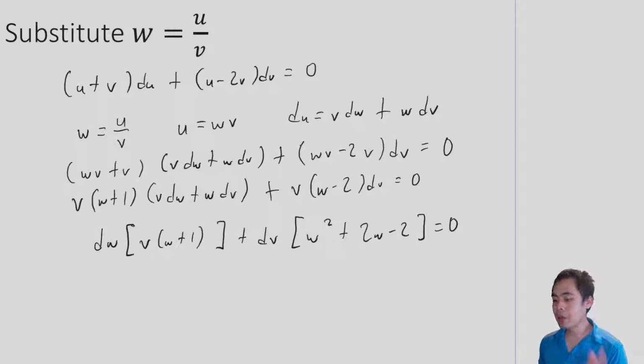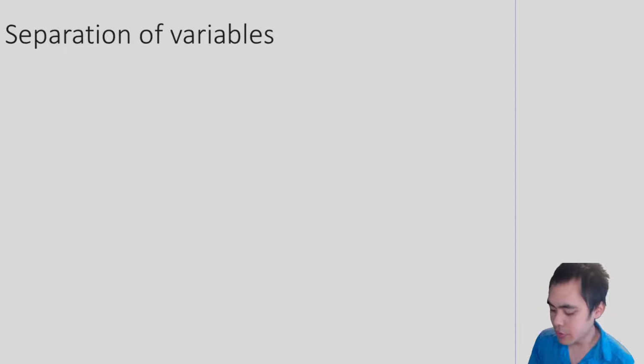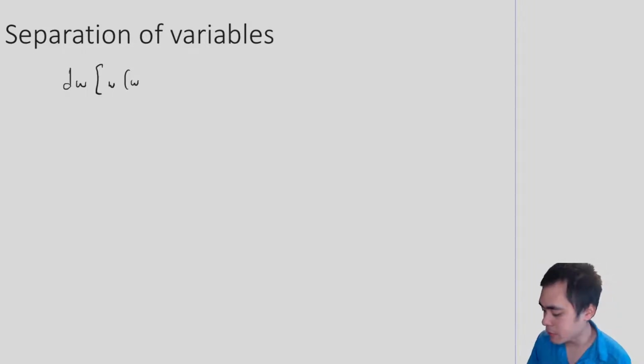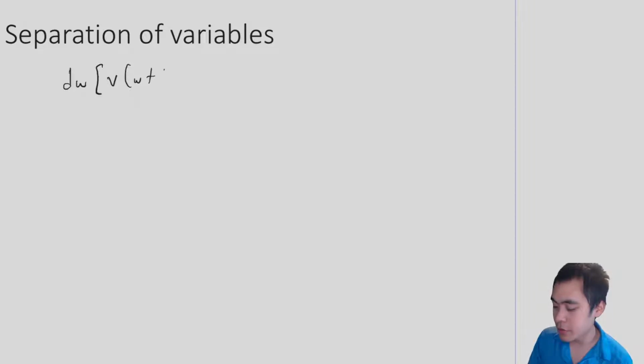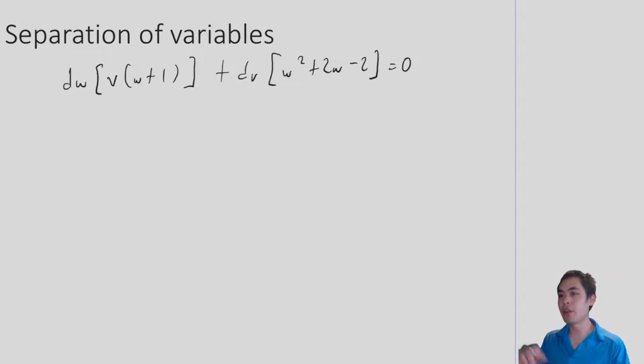Now, the cool thing about this formula is that this is actually separable. So we can do a separation of variables on this formula, and so let me rewrite it here. dw times v times (w plus 1) plus dv times (w squared plus 2w minus 2). What we want is to put all of the v's in one piece and all the w's in the other piece, and maybe split them on two different sides just to make life easier for us.